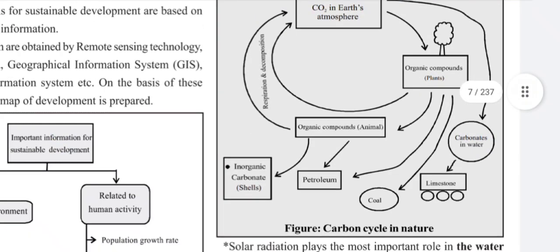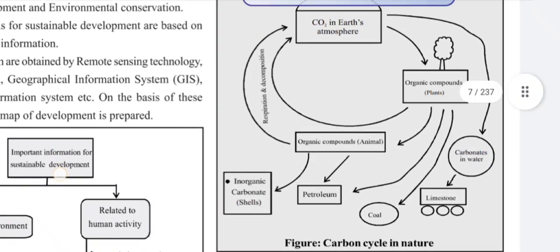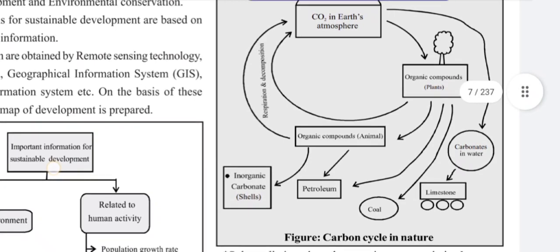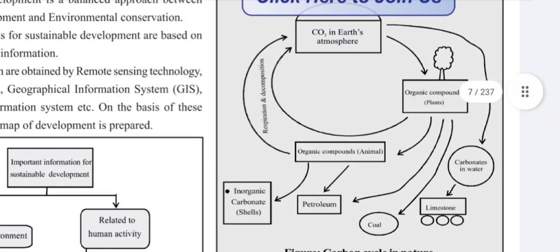Here you can see the diagram of the carbon cycle in nature. First, CO2 in the earth's atmosphere, organic compounds in plants, organic compounds in animals, respiration and decomposition.